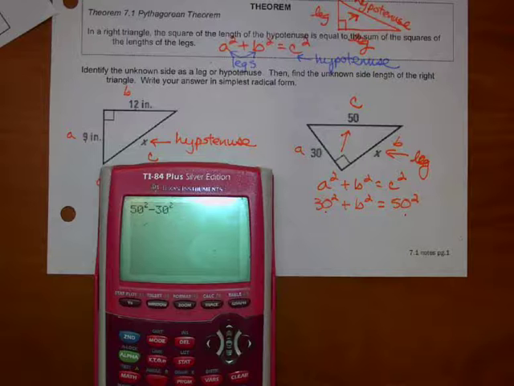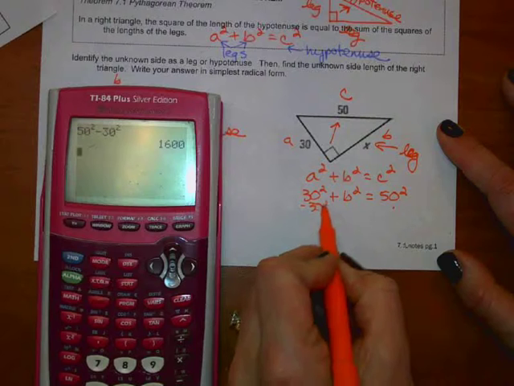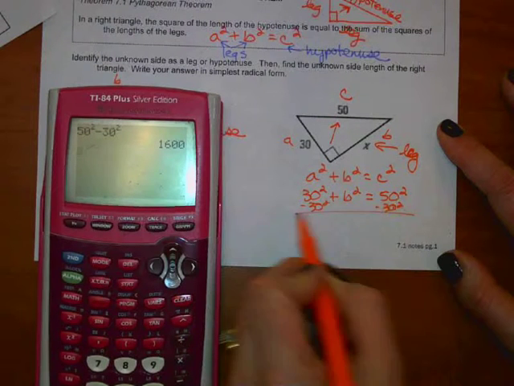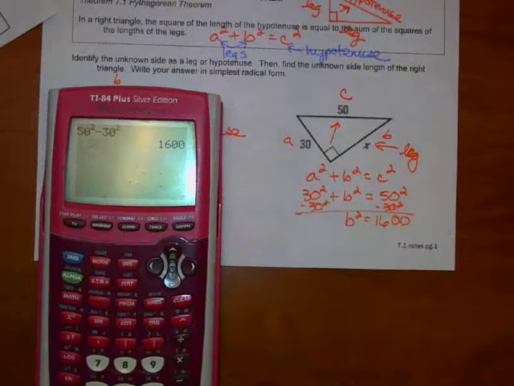You don't have to. And then if you push enter, it's 1600. See it? It's easier. So I subtracted 30 squared from both sides. B squared equals 1600. Makes it a little easier. As long as you got calculators, you might as well.